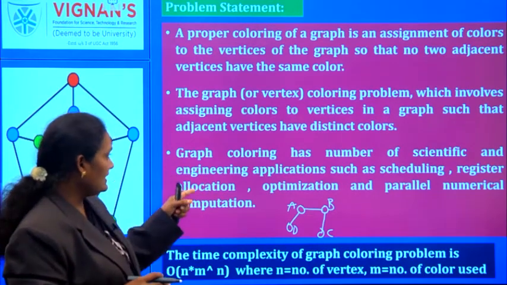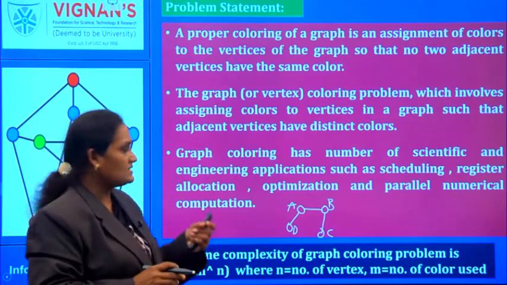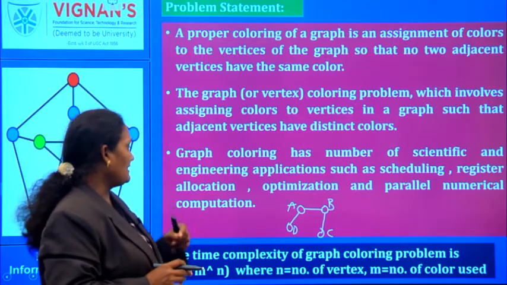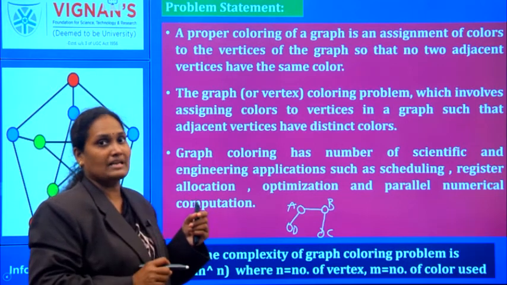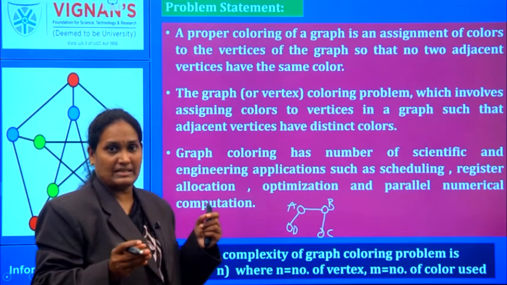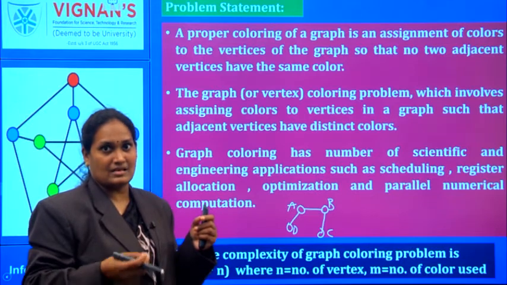Now, graph coloring has a number of scientific and engineering applications such as scheduling, register allocation, optimization, parallel numerical calculations, etc. And we can also use the graph coloring problem in a real-time example, which is developing timetables for a class or for a section.